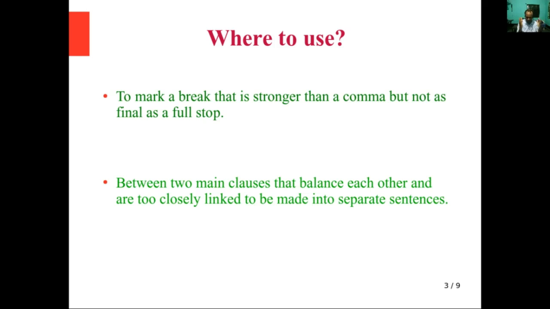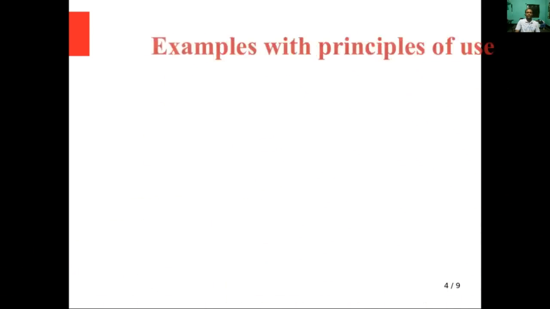Between these two clauses we use semicolon, and after the completion of the two clauses we use a full stop. So between two main clauses means two independent clauses that balance each other and are too closely linked to be made into separate sentences. For this place we use semicolon.